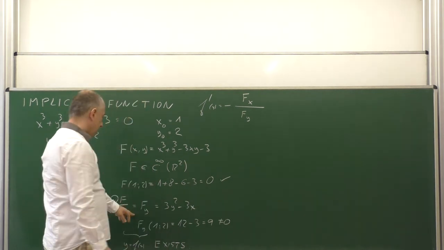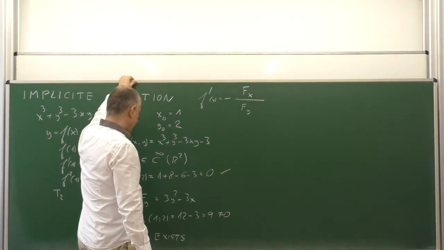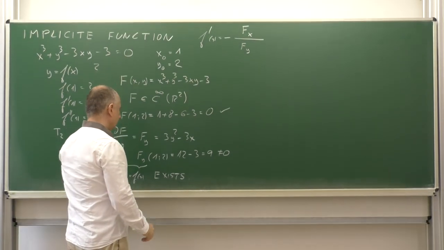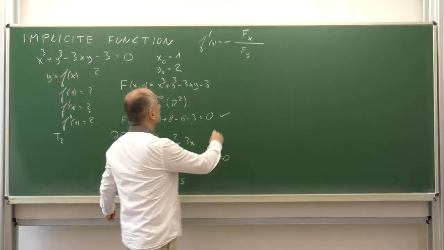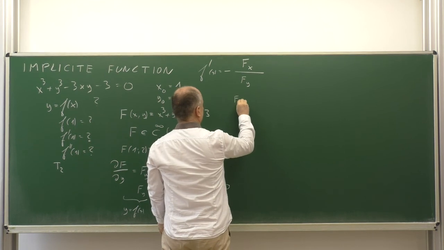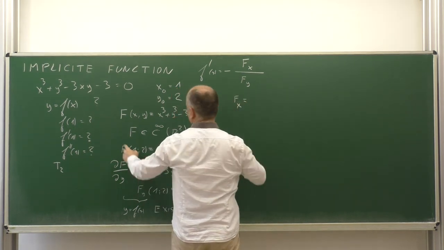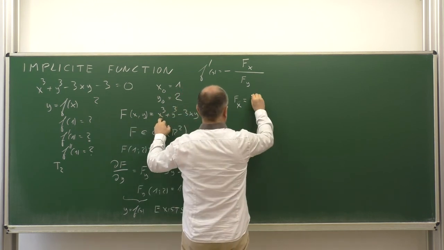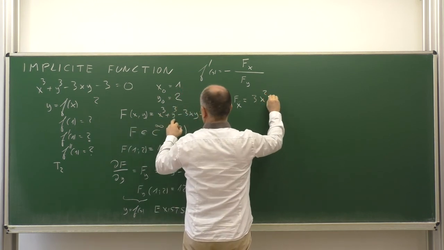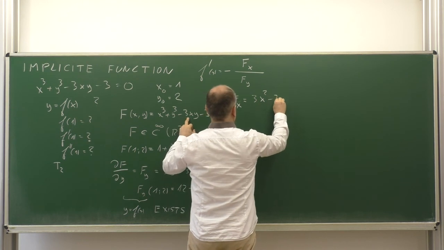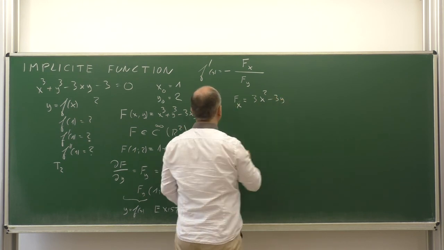We have Fy here, so we prepare also Fx, which is 3x squared plus 0 minus 3y.